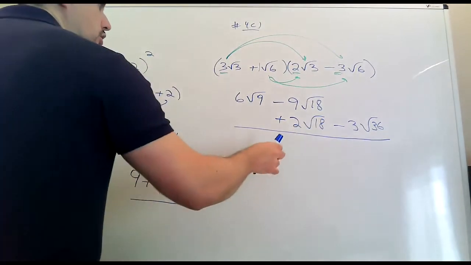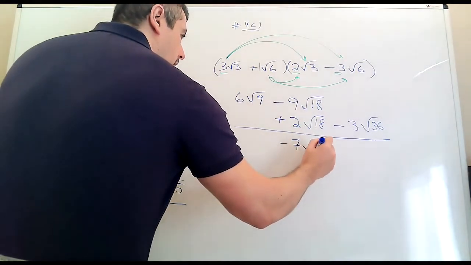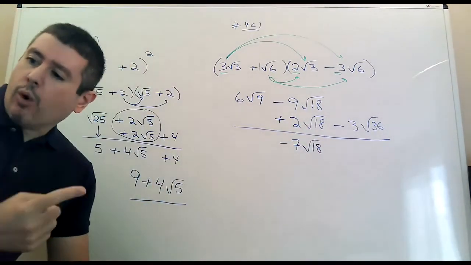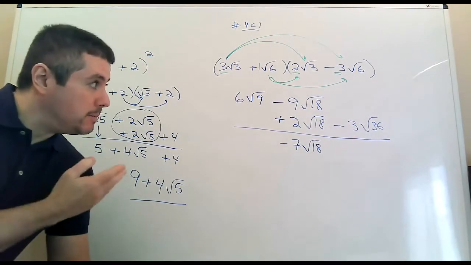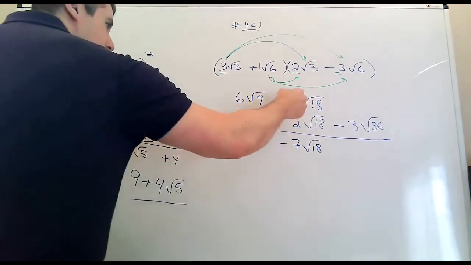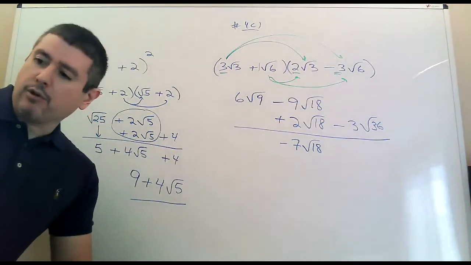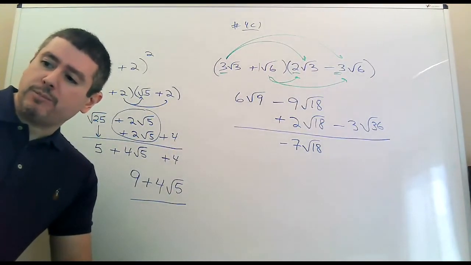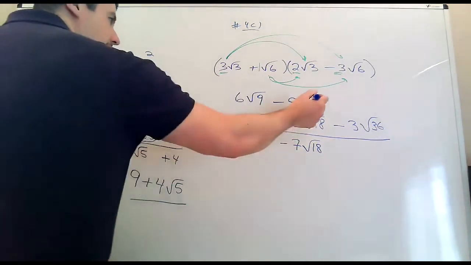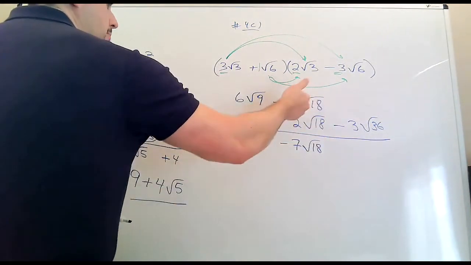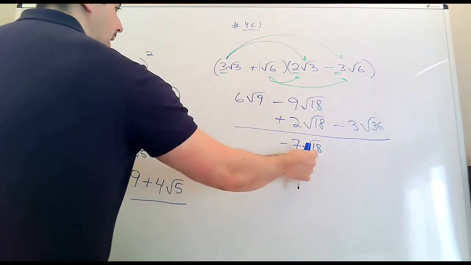Why wouldn't you just do 2 take away 9, which is negative 7, radical 18s, combine them into 1? This is what a human being would do. The solvers see a radical 18 and they can't help but just start breaking them down, and then they combine them later. I'm not saying a person wouldn't do that too, but it looks suspicious to me when you don't combine them together. And it doesn't make sense for you to create more work for yourself. You're only going to get bigger numbers. You have to put them together anyway. Why not put them together first and then worry about that?